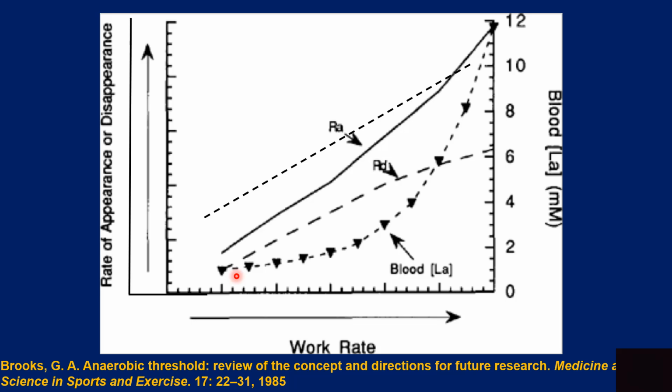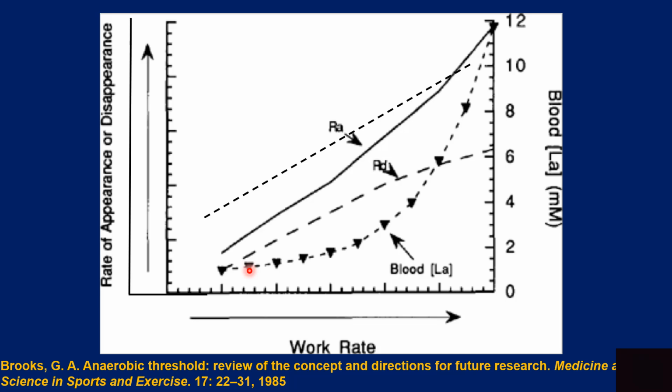And this is why we talked in previous classes about the notion that lactate is not a waste product. It is fundamentally a devolved form of carbohydrate that can be converted back to carbohydrates through processes such as the Cori cycle in the liver.